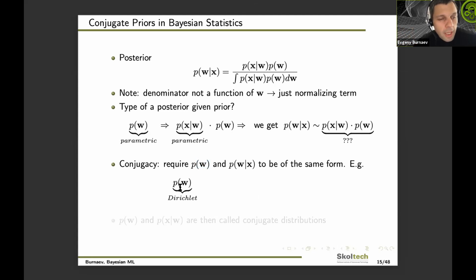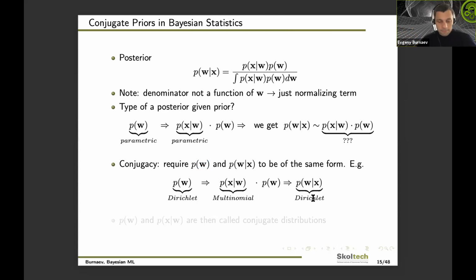For example, if p of w is a Dirichlet distribution, and the likelihood function is given by the multinomial distribution, then the product of the multinomial distribution by the Dirichlet distribution will result in a posterior distribution which will belong to the family of Dirichlet distributions.